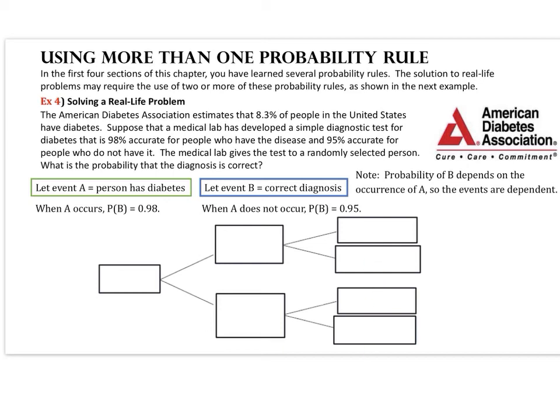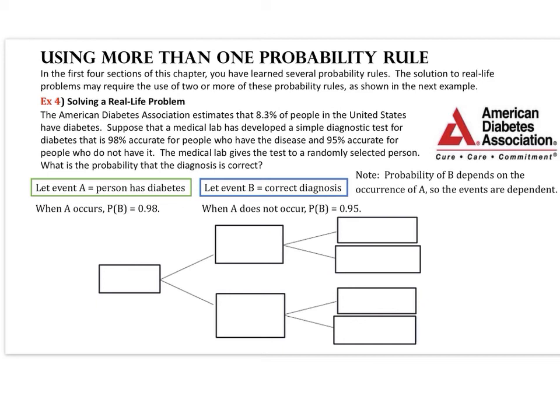And we're going to use complements of events A and B to complete the diagram, where A with the bar above it is a person that does not have diabetes, and B with the bar above it, remember these are notations for the complements, would represent an incorrect diagnosis. Notice that the probabilities for all branches from the same point must sum to 1.